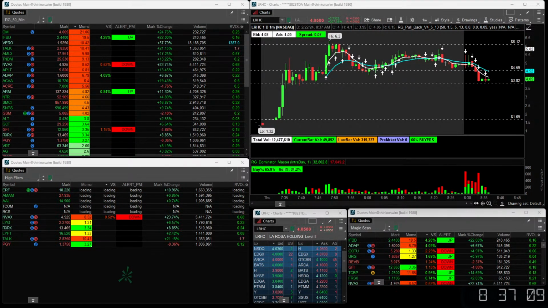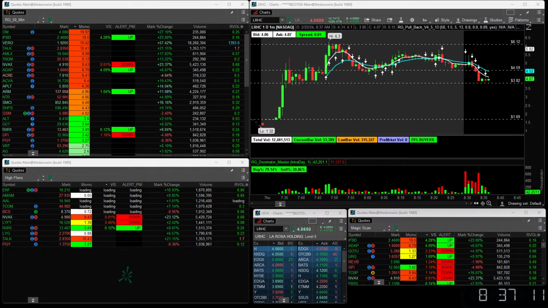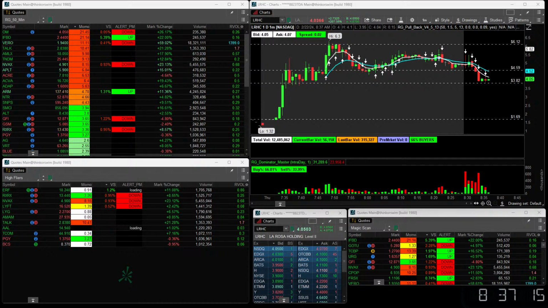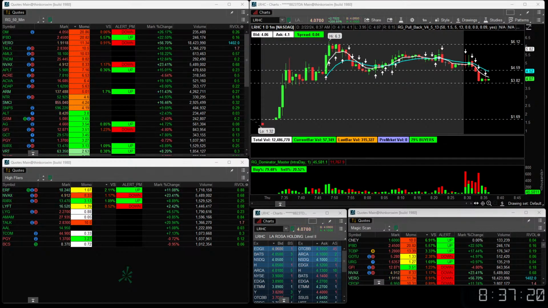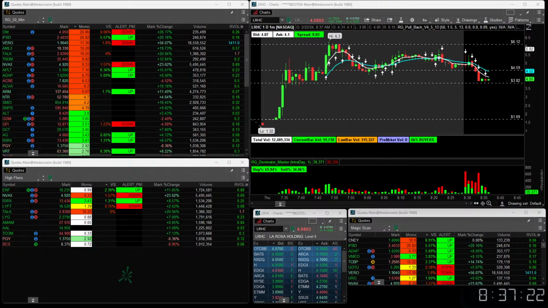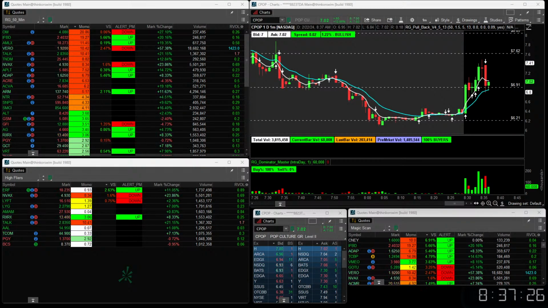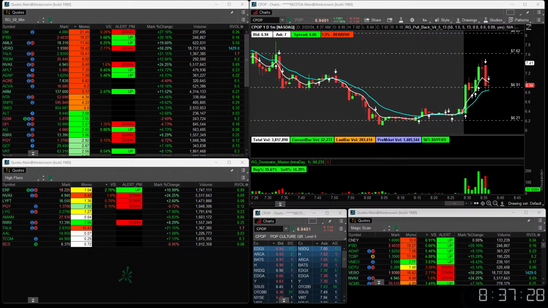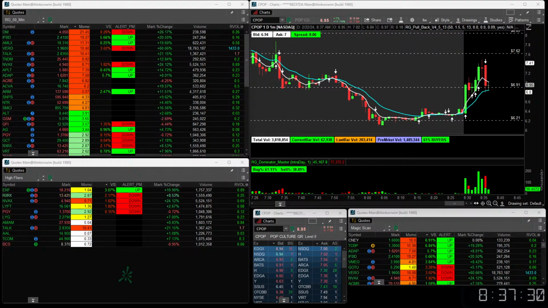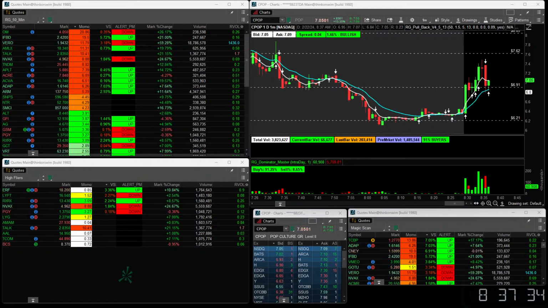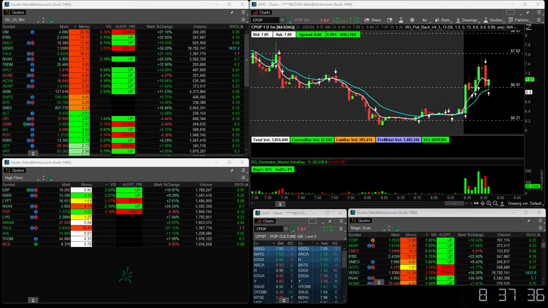Good job, Hennessy. SPY still hanging down there at 503 after the drop had opened.